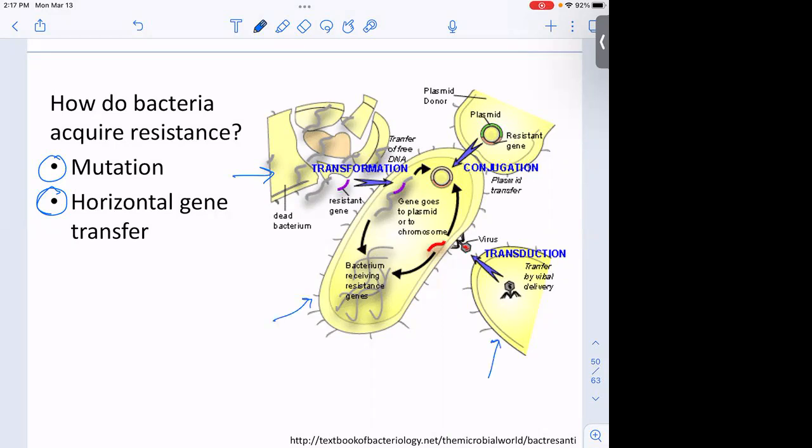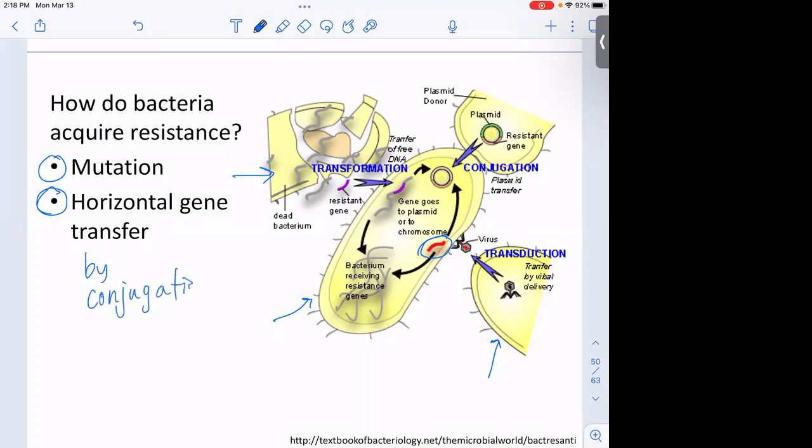Transduction is when part of one cell's genome is packaged into a virus, and that bacteriophage lands on another bacteria cell, and then that part of the genome incorporates into that new cell's genome. But we think most often bacteria acquire resistance by conjugation.